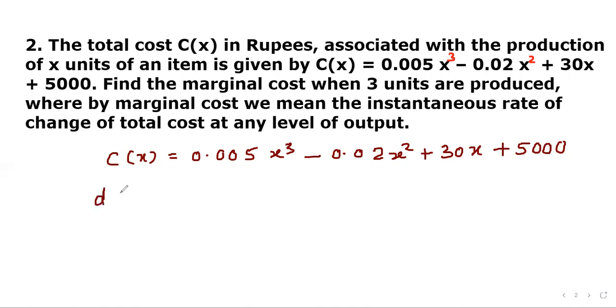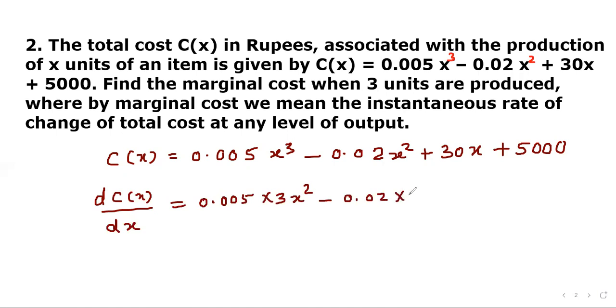Marginal cost means dC(x) by dx. So it will become 0.005 times 3x square minus 0.02 into 2x plus 30. We have to put x equal to 3 and that will give our answer.